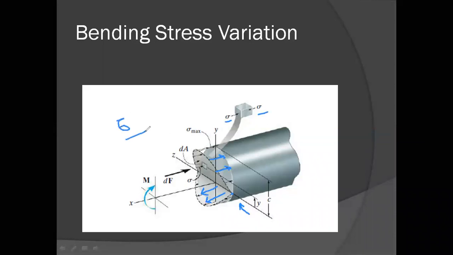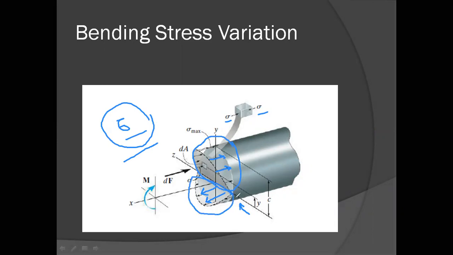Normal stresses are those stresses which are exerted on an area in a direction perpendicular to it. This is the direction of normal stresses. This is how the normal stresses behave above the neutral axis, and this is how they behave below it.